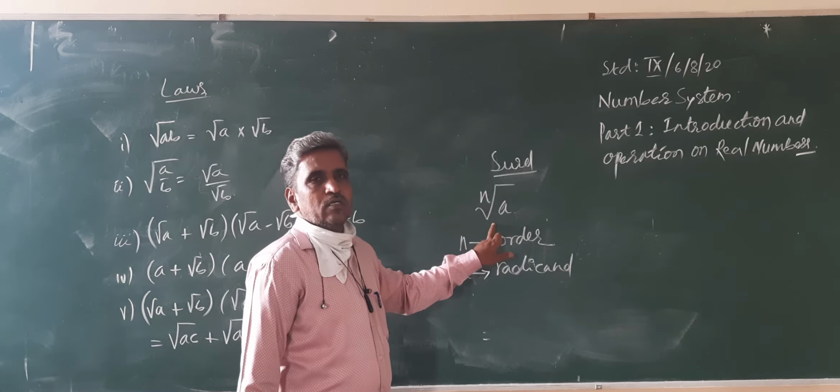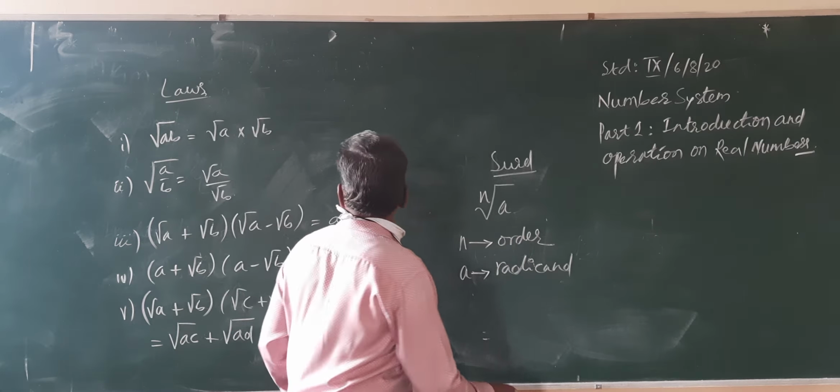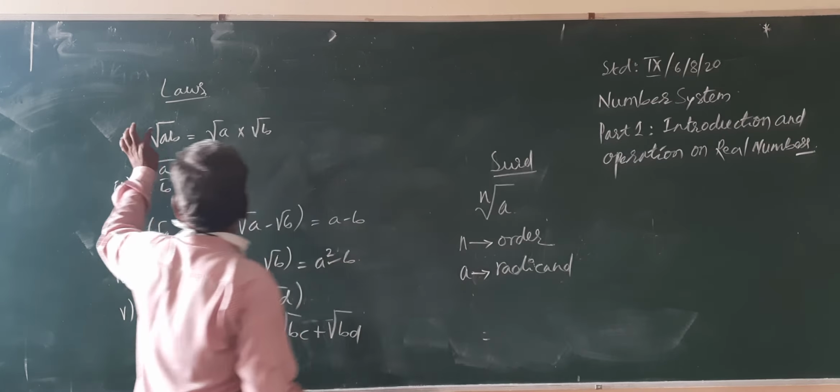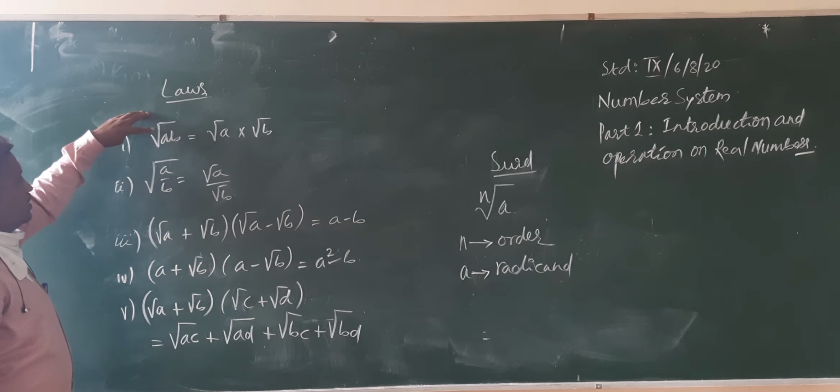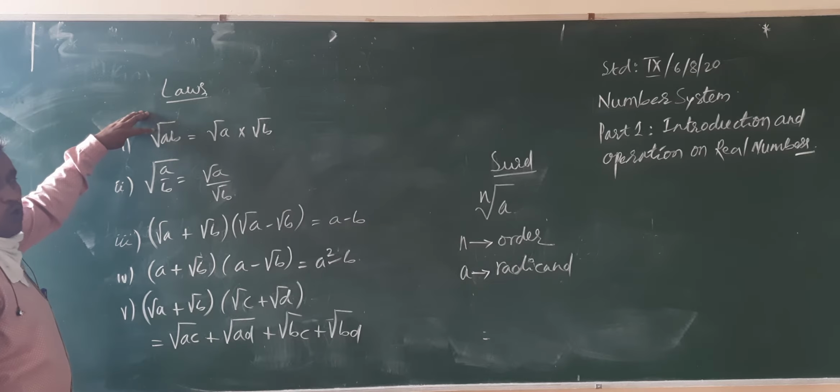So this is called a surd. With the help of this you can tell root a into root b, where the order is 2.